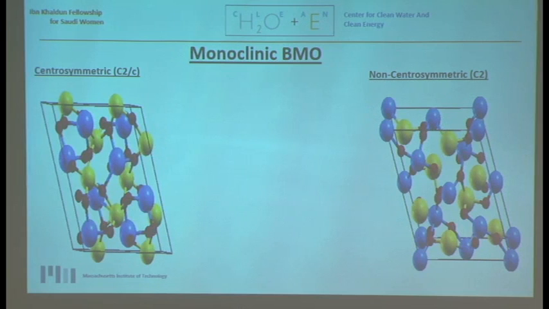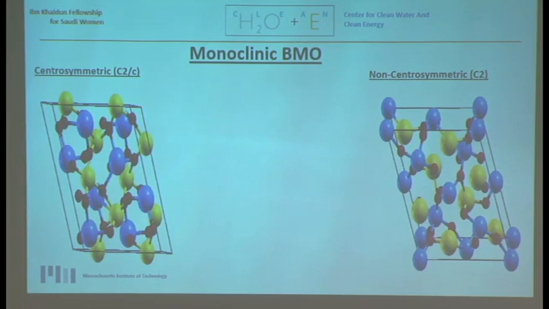So, what's the difference between these two structures? First, for the non-centrosymmetric C2, one of its symmetry operations is a 180-degree rotation around the y-axis. So for every bismuth atom with x, y, and z coordinates, you will find another atom with minus x, y, minus z.